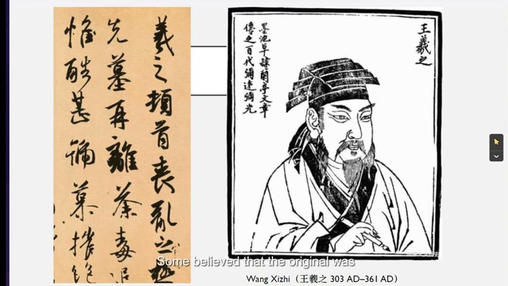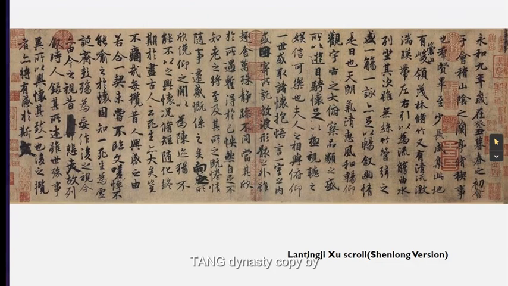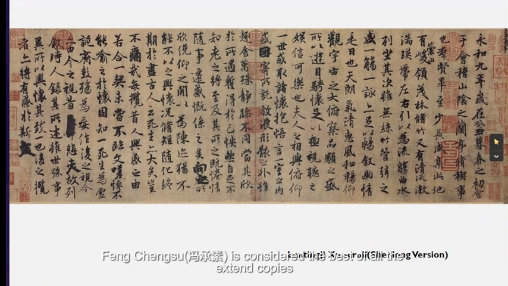Some believed that the original was buried with Emperor Taizong of Tang in his mausoleum. This Tang Dynasty copy by Feng Chengxu is considered the best of all the extant copies.